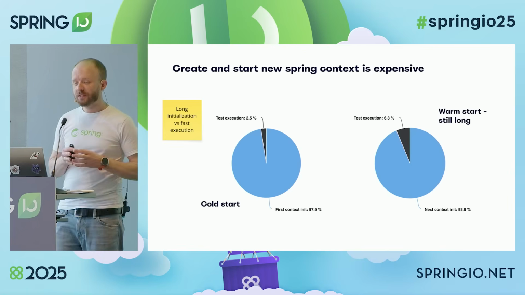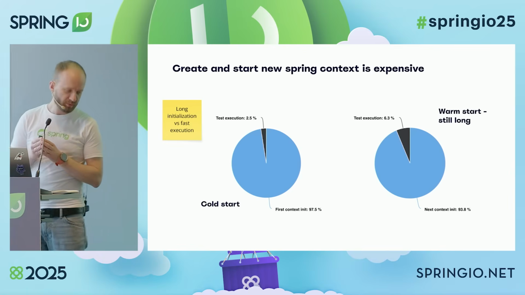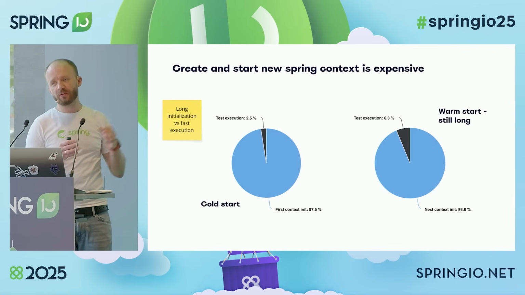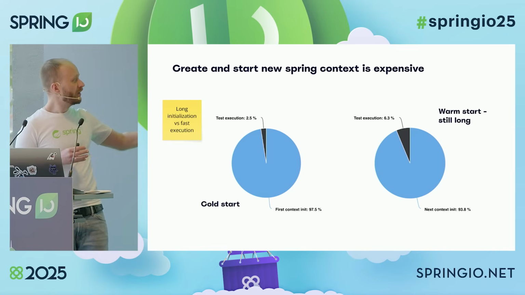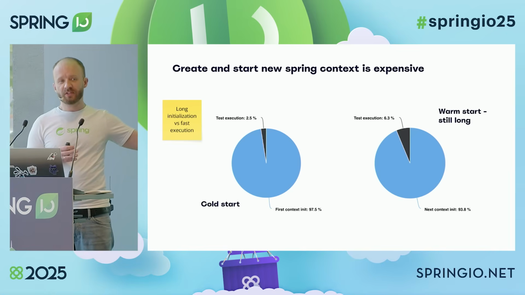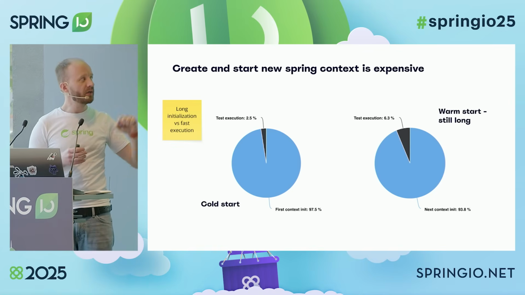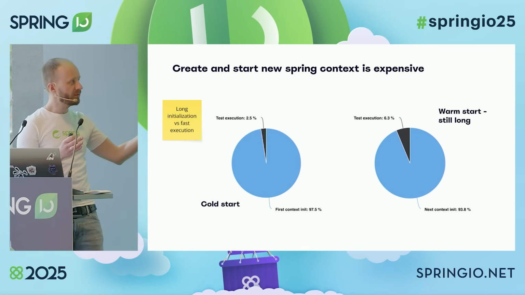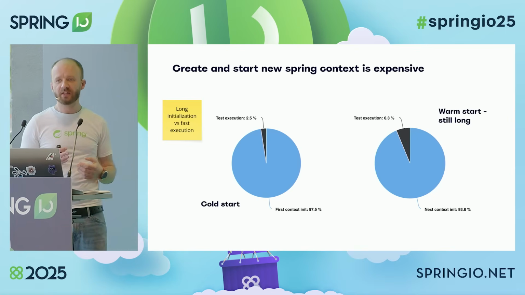There is also one crucial factor that you should pay attention to. Depending on the complexity of your integration test configuration, the initialization time can take more than 90% of test execution. The subsequent tests usually are better in this relation of time to initialize the context versus the test itself.